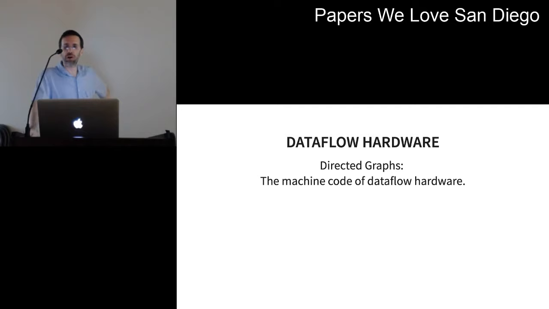Dataflow was, in fact, originally conceived to be at the instruction level. And the original purpose of Dataflow programming languages was to power Dataflow hardware in the 1970s, which would compete with von Neumann hardware, and for which Dataflow graphs would serve as machine code.